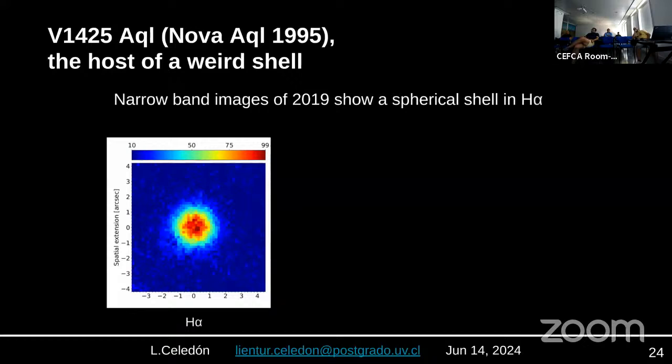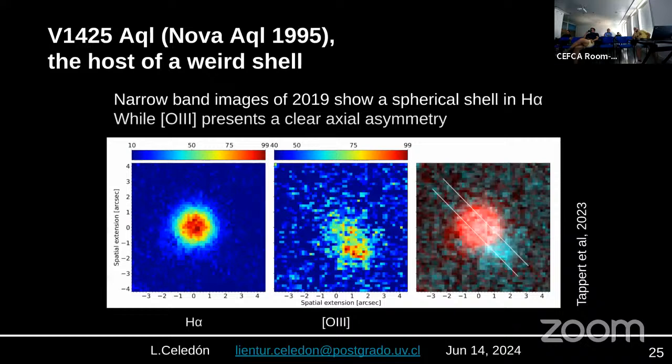The 2019 image with GMOS shows the nova shell. The hydrogen alpha shows a circular, spherical shape, pretty common, but oxygen does not behave as we expect. Oxygen presents a clear axial asymmetry, with most of the material located in the southern quadrant of the image, and nothing here.